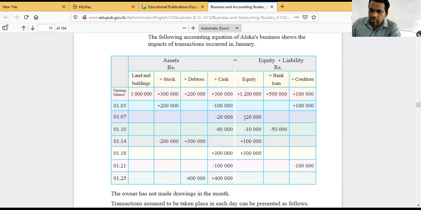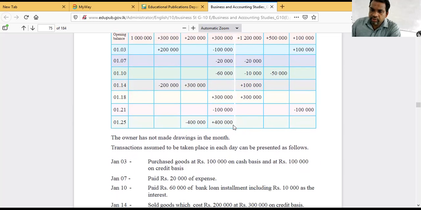That's why they have put 20,000 minus, and they have paid it in cash. Therefore, you can take the transaction occurred 7th January. Expenses made by the business worth of 20,000 rupees.